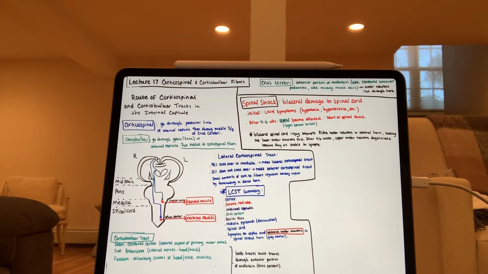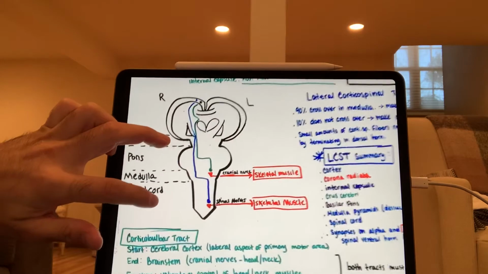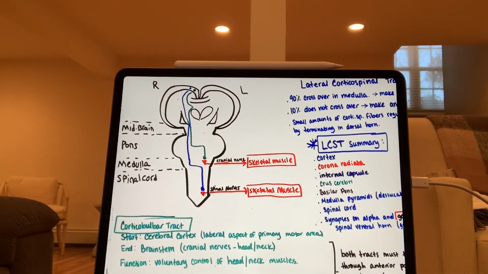So just quickly, the corticobulbar tract and the lateral corticospinal tract, which Darius has said, are both going to be for voluntary skeletal muscle contraction, compared to the other tracts that we're going to get into later, which are going to be autonomic, so more visceral.